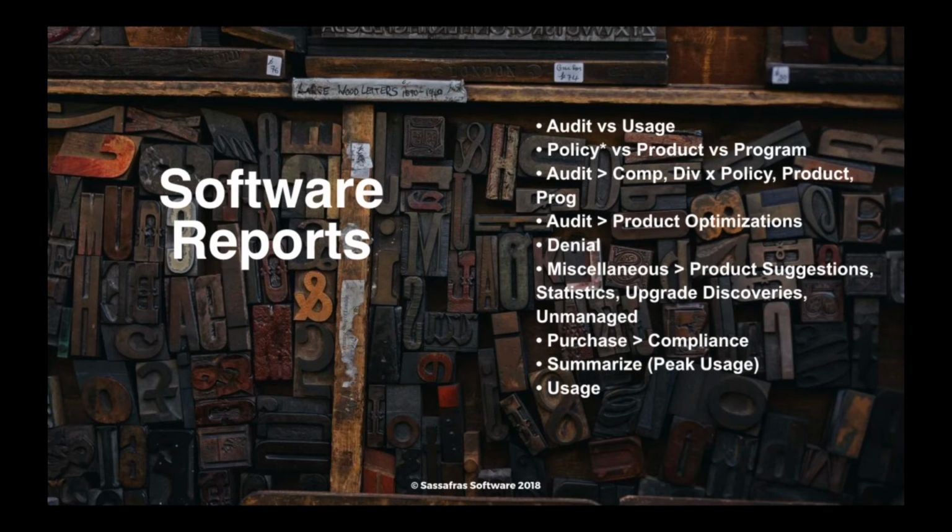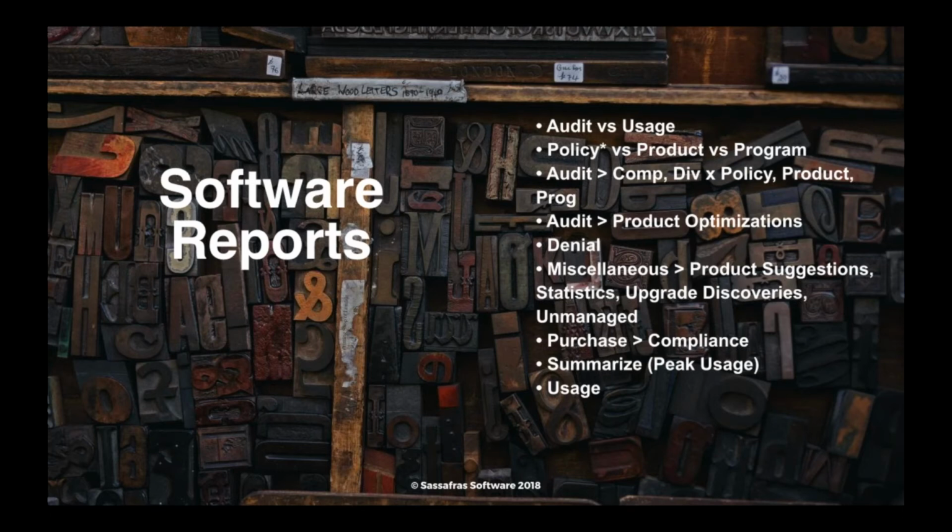A couple of reports that are useful: product optimizations. I'm not going to run it, but what that does is it will look at usage and compare that to your entitlement and tell you if there is a less expensive version of a product that you could install based on usage of the product. So a couple of examples.